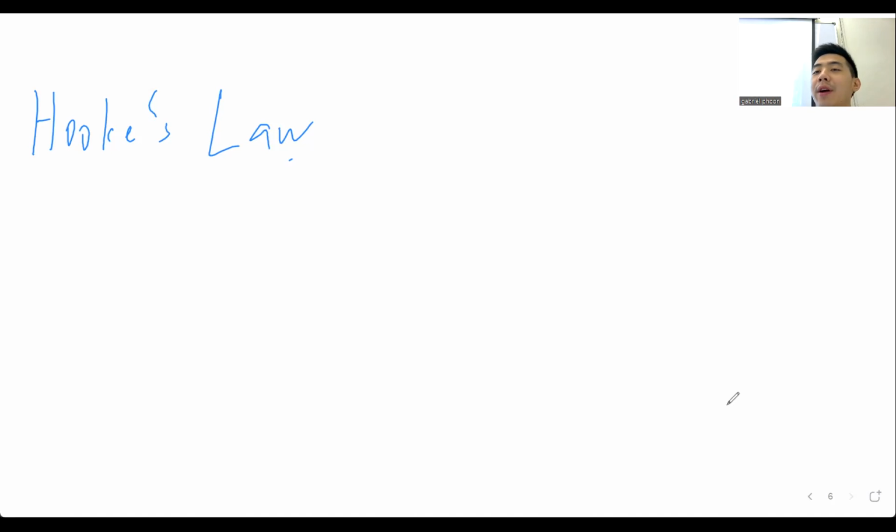Let me stop you right there, Leo. You have the right concept in mind: if I have a spring here and I put a load onto it, the spring is going to elongate. But this is where you got it wrong. If I let go of this load, the spring is actually going to bounce back to the original position. If I put a heavier load, it will extend even more. If I let go, it will bounce back.